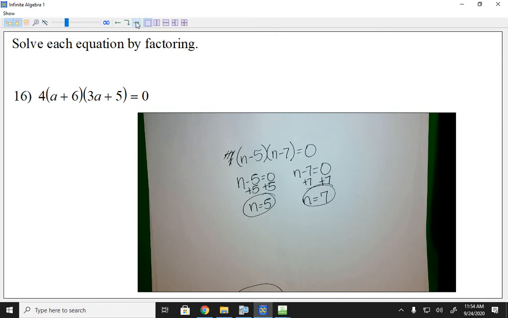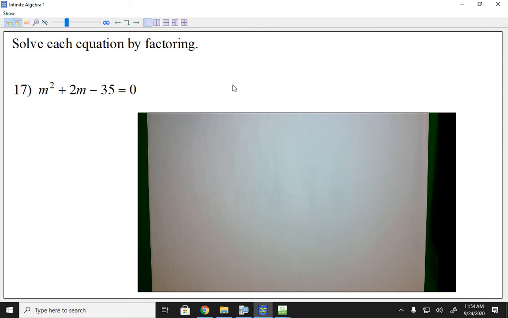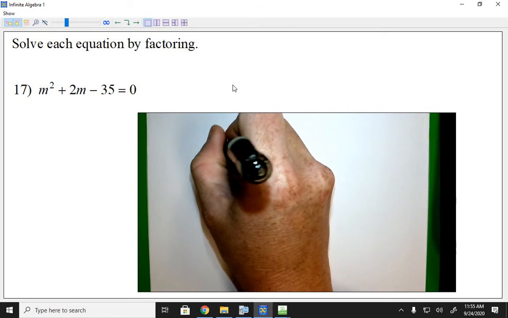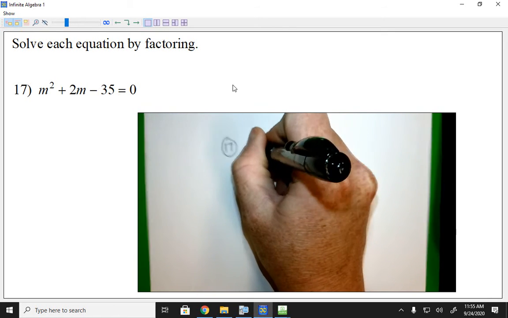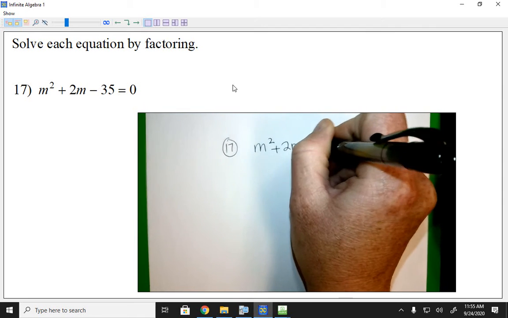Alright, so there's a couple more problems like that. Okay. Next, we just got through our factoring unit, so you should be able to do this. So what you need to do is factor first and then do what we were just doing. Okay, so this is a trinomial with a 1 out front.